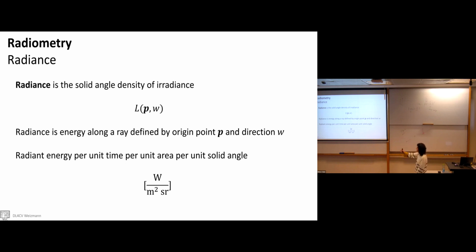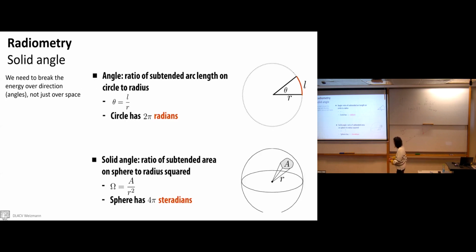Radiance is energy along a ray defined by the origin P and direction W, like what you see here. And since we took the direction into account, it becomes not just watts per meter squared, but watts per meter squared per steradian. Steradian is the solid angle that we saw before.